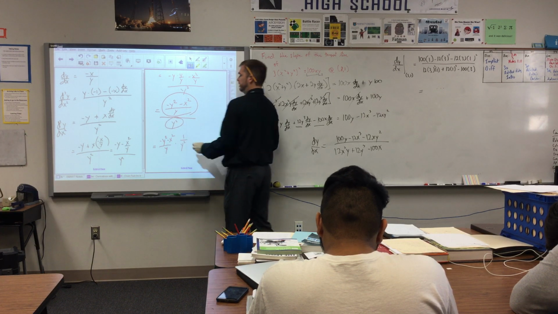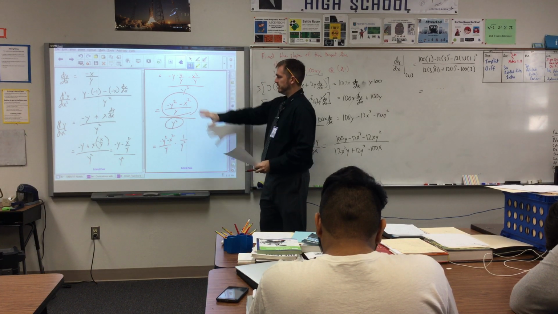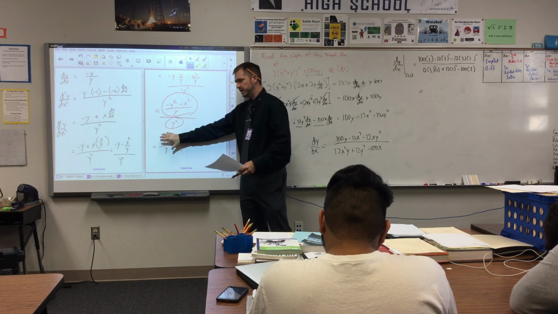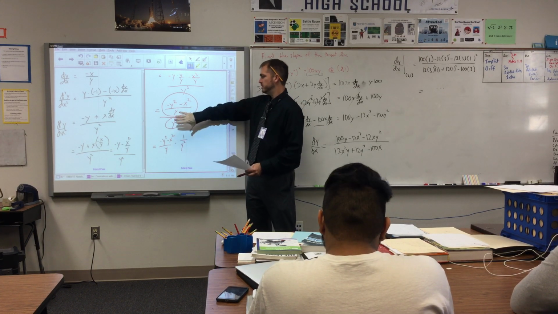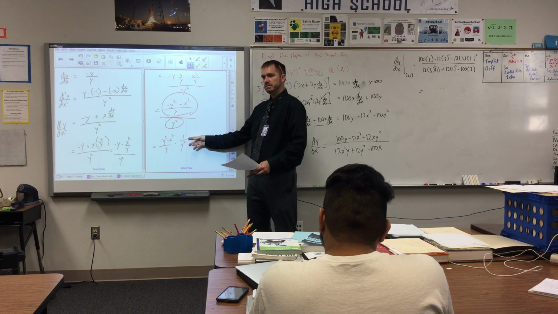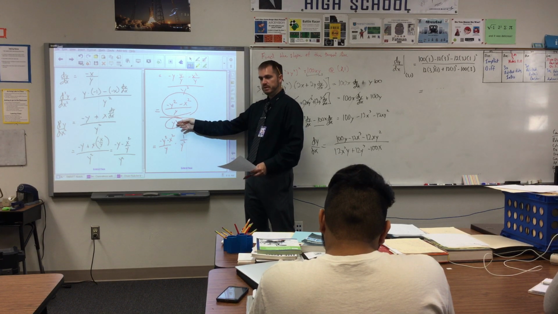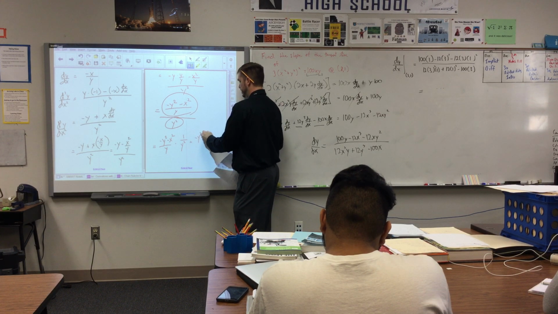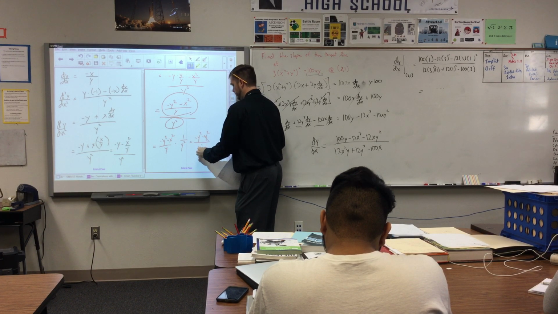Here's the denominator. Remember, fraction math is if you have something divided by something else, you can just say that numerator times the reciprocal of the denominator. So the denominator is y squared, so it's 1 over y squared. So we now have negative y squared minus x squared all over y cubed.